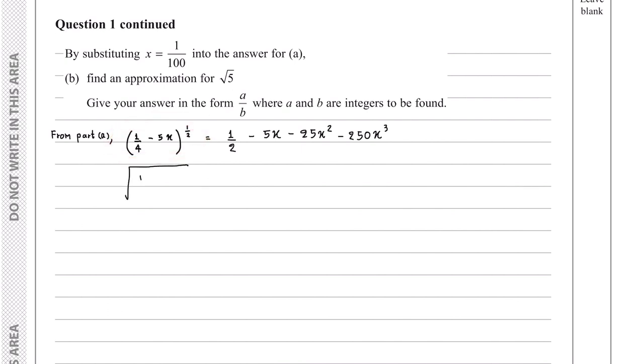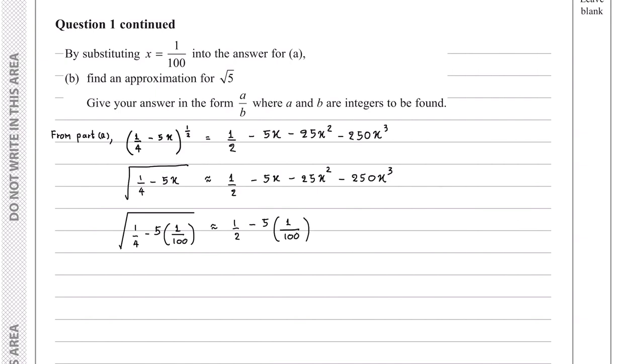So the square root of 1/4 minus 5x can be approximated by 1/2 minus 5x minus 25x squared minus 250x cubed. And then we substitute 1 over 100 into x. So this will be 1/2 minus 5 times 1 over 100 minus 25 times 1 over 100 squared minus 250 times 1 over 100 cubed.